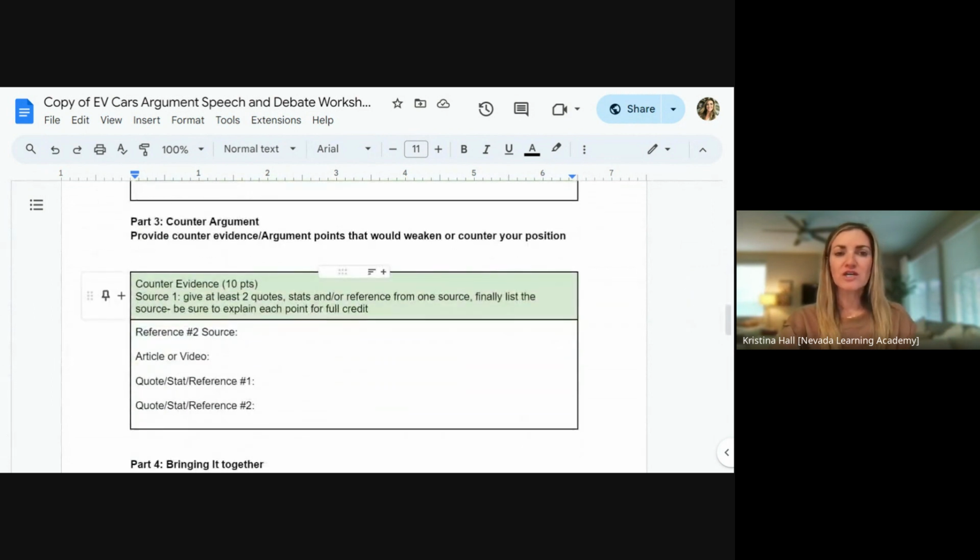But then also look at some of the pro-con or the pro sources and consider what references or statistics might show some weakness in your argument, because the reason things are debatable is because they are debatable. There are pros and cons to most topics, hence why people disagree.